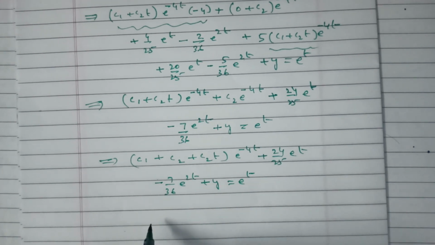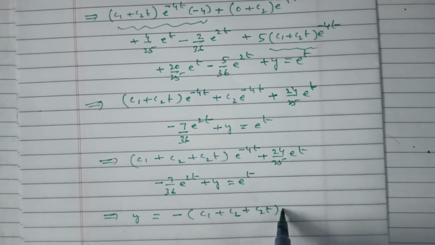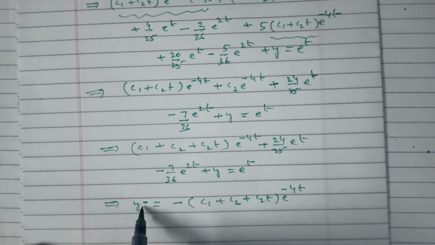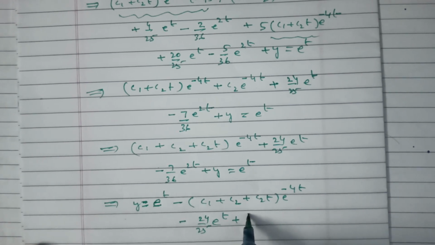So take all the terms to the right side. This implies y is equal to minus of c1 plus c2 plus c2t e power minus 4t. Next this term also to the right side, this side already it is e power t, also we will take y is equal to e power t, all will be right side now, minus 24 by 25 e power t plus 7 by 36 e power 2t.